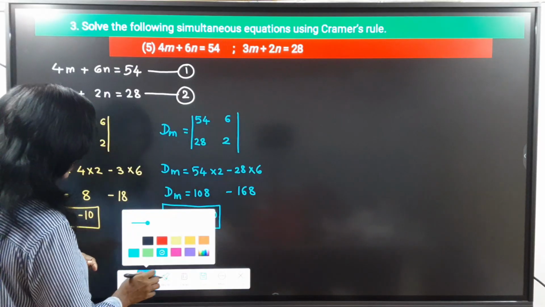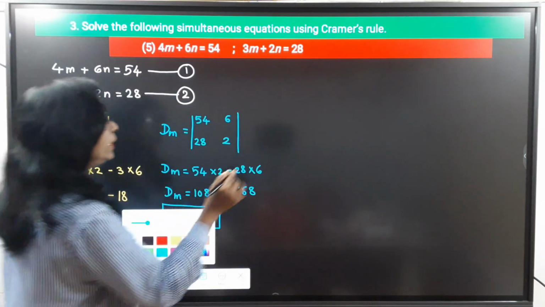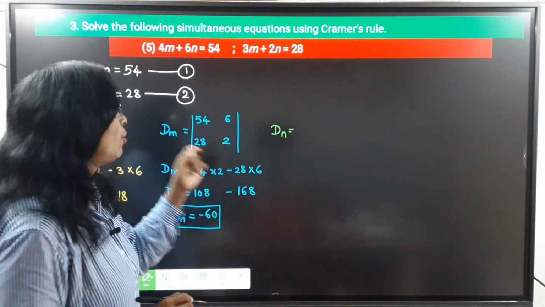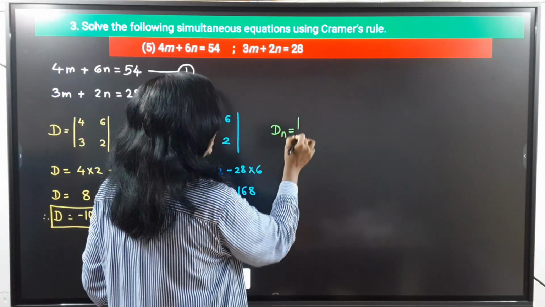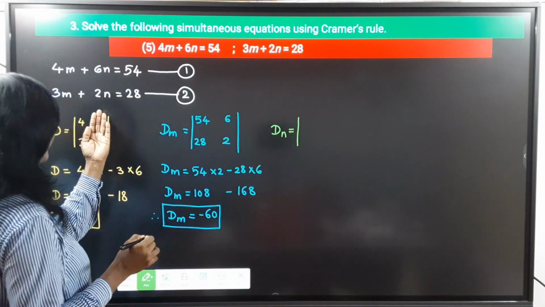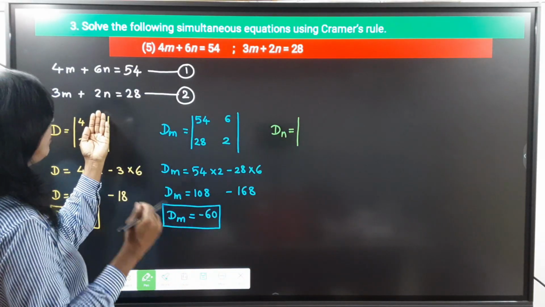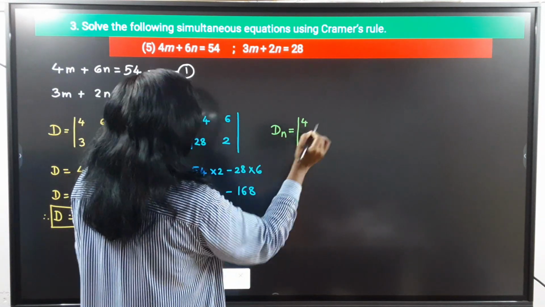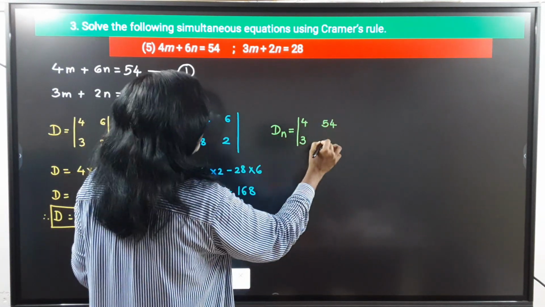Now, students, next we have to arrange D of n because the other variable is n. The arrangement of D of n in the determinant is to replace the coefficients of the n variable. So first write in the first column 4, 3 and then the constants 54, 28.